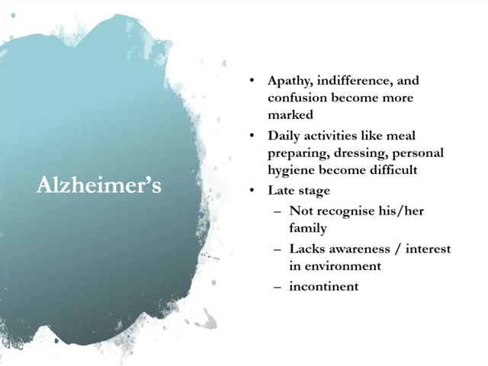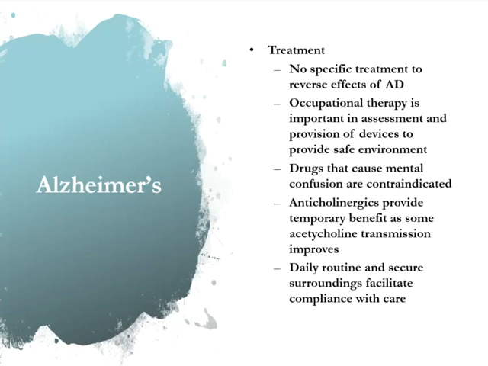Apathy, indifference, and confusion can become more marked. Daily activities like preparing meals or dressing or personal hygiene, even they become difficult. In the late stage the person is not able to even recognize his or her family. There is no awareness or interest in the environment, and they are incontinent, like they cannot hold urine and stool.